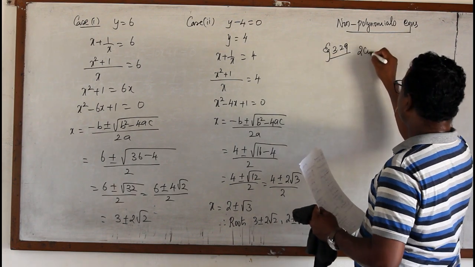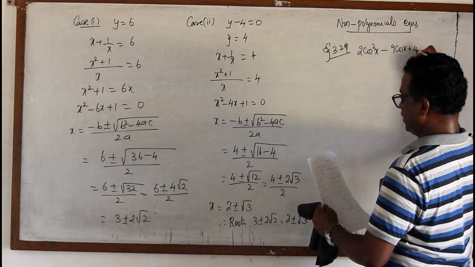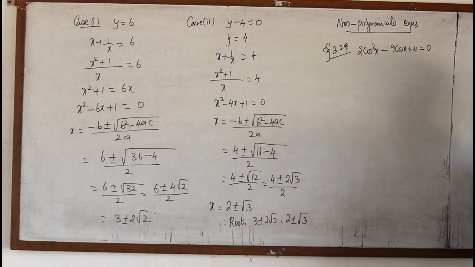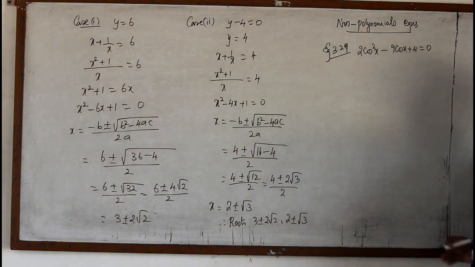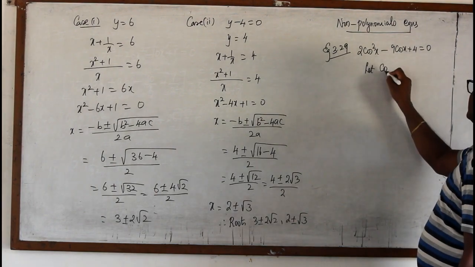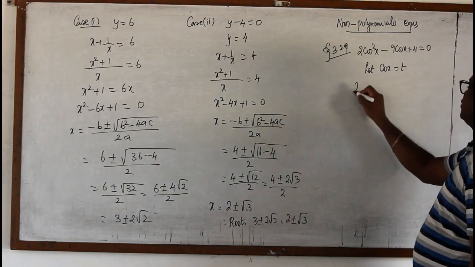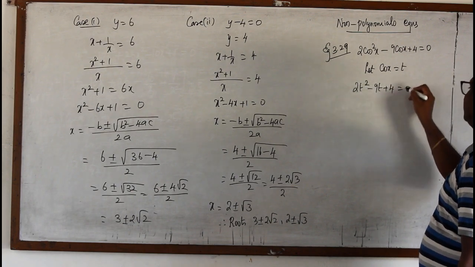That is 2 cos square x minus 9 cos x plus 4 equal to 0. See, it is not necessary to be always polynomials. You can have some trigonometric ratios, whatever it is. Now, suppose I take cos x as some t, then it is 2t square minus 9t plus 4 equal to 0.